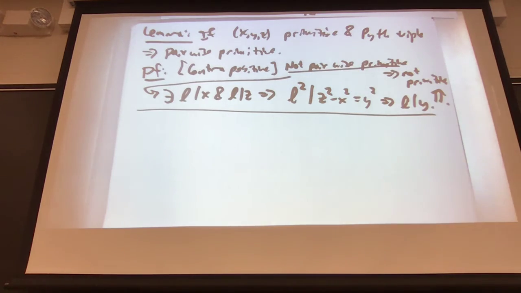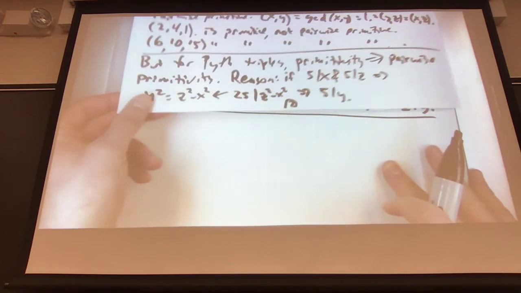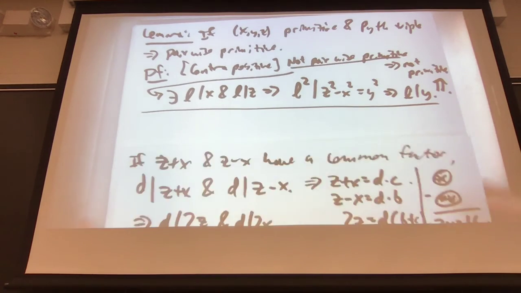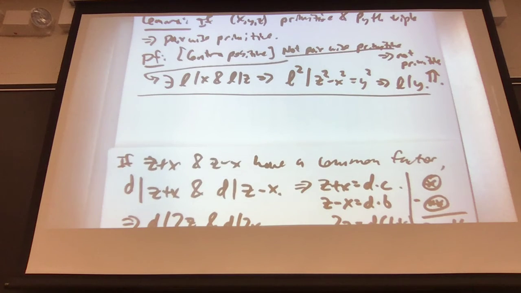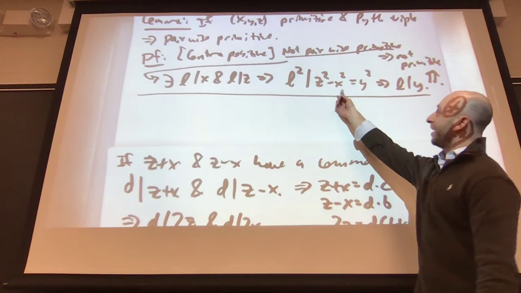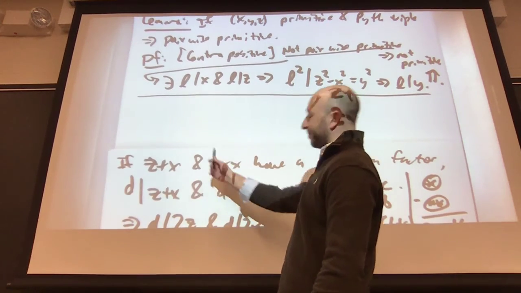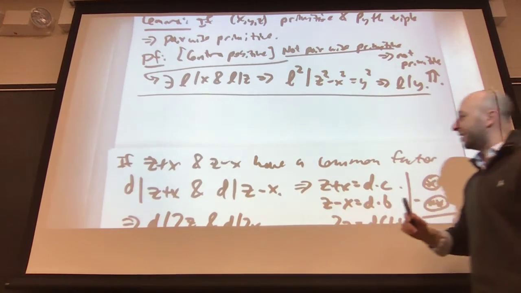Let's go back to the question about, I guess I can put this here. This is the fun of having this. So what we saw before is when we factor z squared minus x squared, we look at z plus x and z minus x.